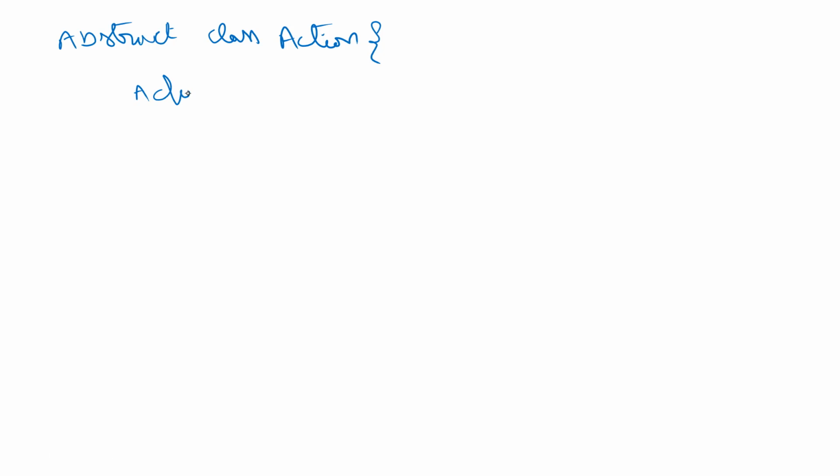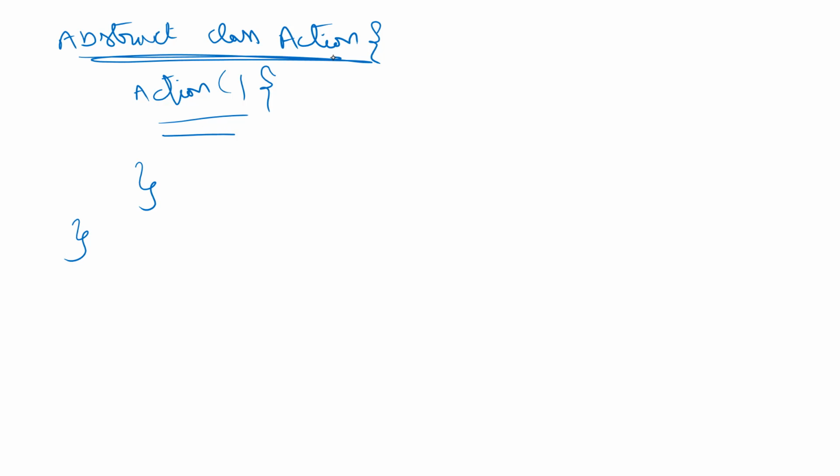Yes, I can declare a constructor. So I can declare a constructor like this, Action, and I can initialize the variables here. But the thing is that since this is an abstract class, we cannot create an object for this one.